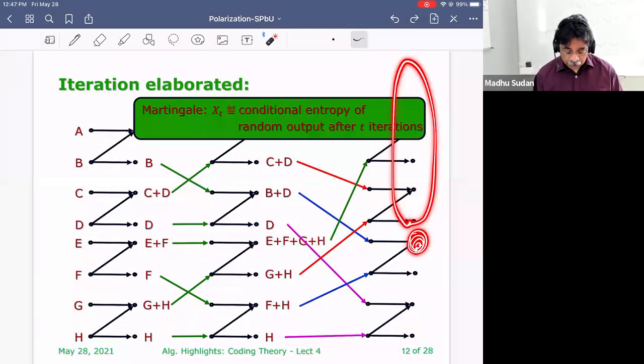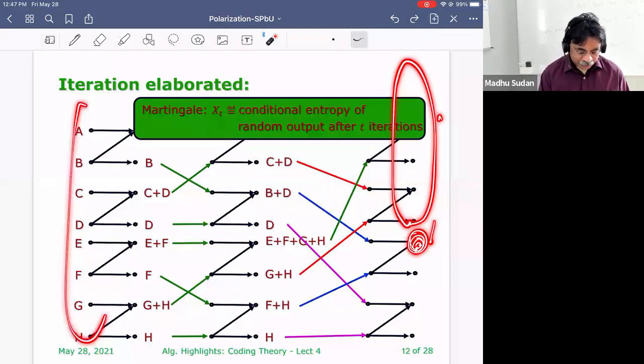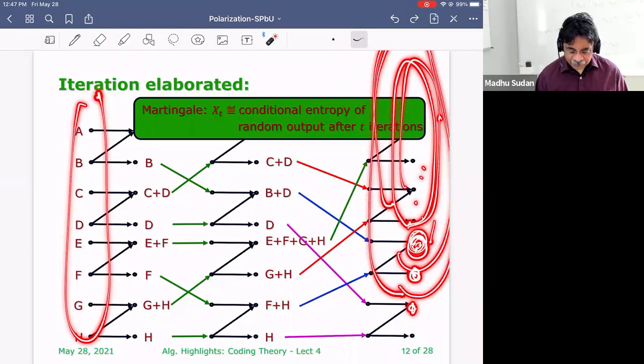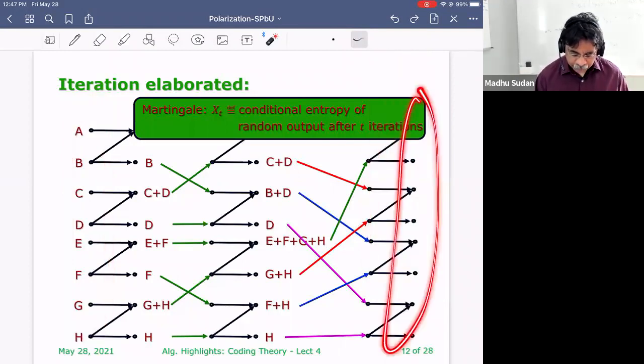Now, how many of these bits are going to be highly entropic and how many of them are going to be lowly entropic? Well, that's not up to us. It's completely determined by the entropy that we start with, right? Because when you add all these entropies of this bit conditioned on the things above, plus this bit conditioned on the things above, plus this bit conditioned on the things above, you get the entropy of this entire vector.